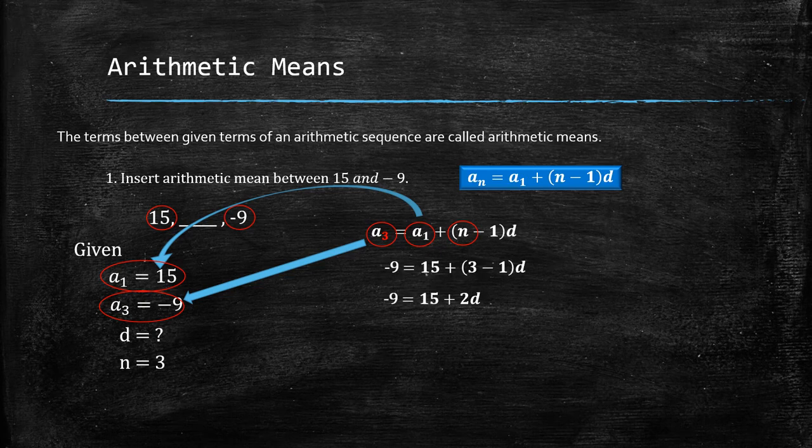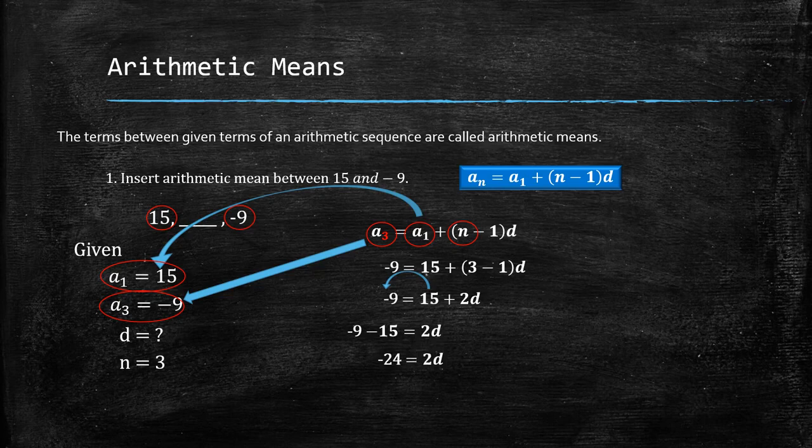Let's solve. 3 minus 1 is equal to 2, so it becomes 2d. We transpose 15, because we need to solve for d, so only d should remain on one side. Transposing 15 makes it negative 15. So negative 9 minus 15 is equal to negative 24.